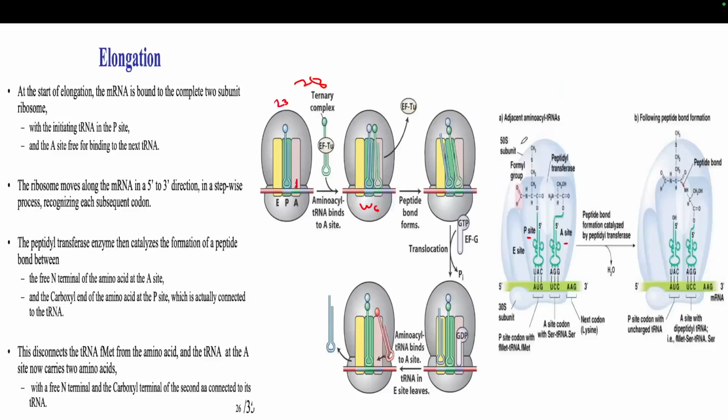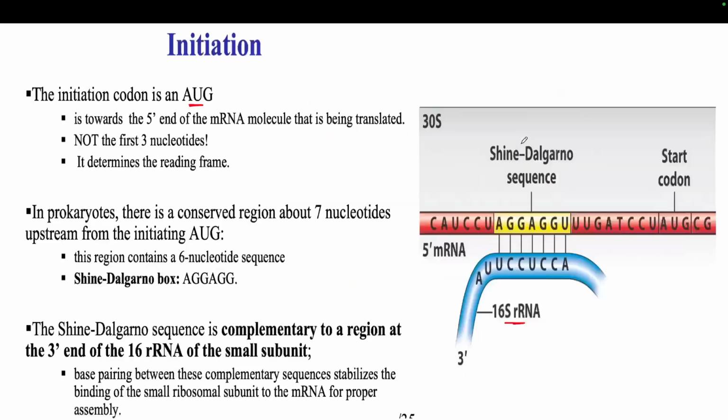Firstly, what we have seen is the initiation in the case of prokaryotes. The 16S rRNA of the ribosome has complementary base pairing with the Shine-Dalgarno sequence present on the mRNA. After proper base pairing, the ribosome will come and sit here.